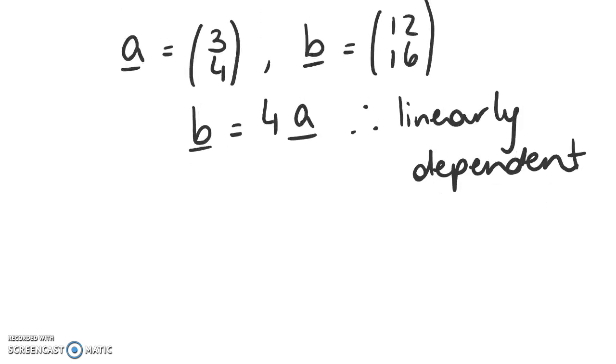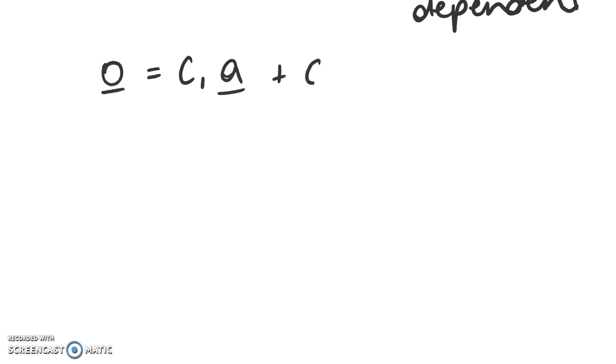We'll still work with the vectors a and b, but we will try to make the zero vector using c1a plus c2b. What we want to see is, is there any way we can get this zero vector other than by making both c1 and c2 0. The zero vector in this case would be a 2 by 1 vector because a and b are both 2 by 1 vectors.